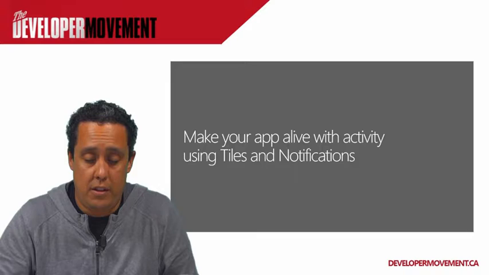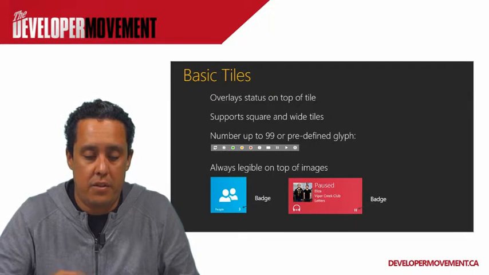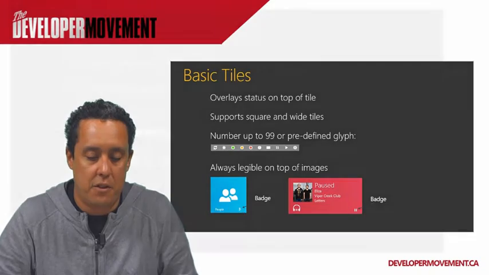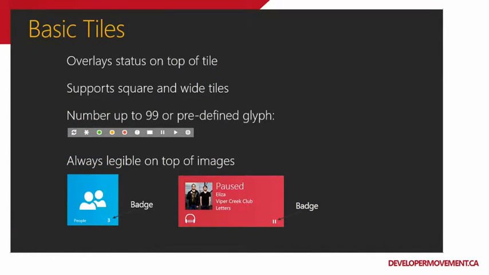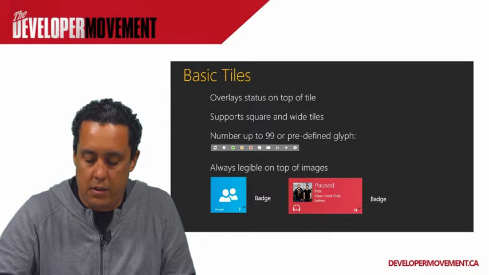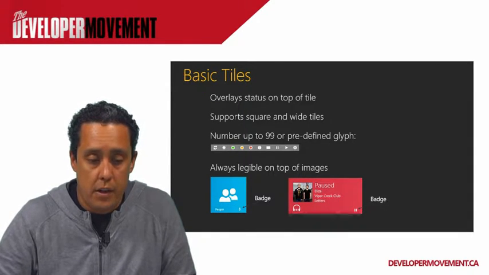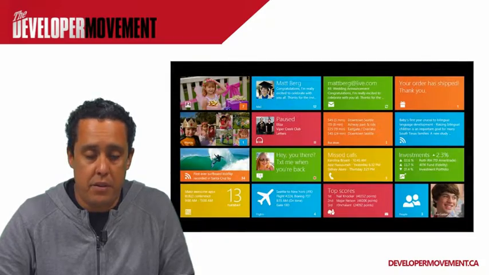So tiles and notifications allow you to set different statuses on your tile on your start screen. For example, you could set a badge, or you could set a badge as a number or as a glyph. It supports square or wide tiles, so you probably want to support both just to make your application a little bit better for your user. And these are the different types of tiles, pretty self-explanatory.